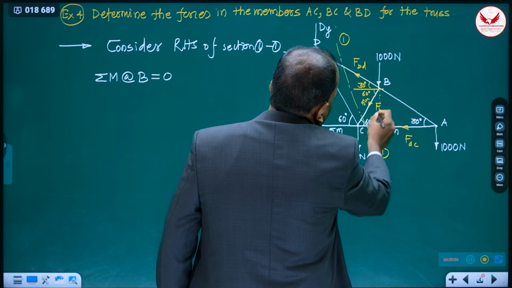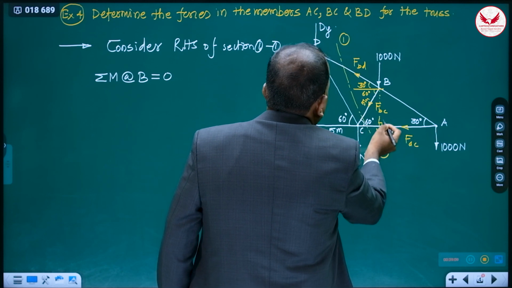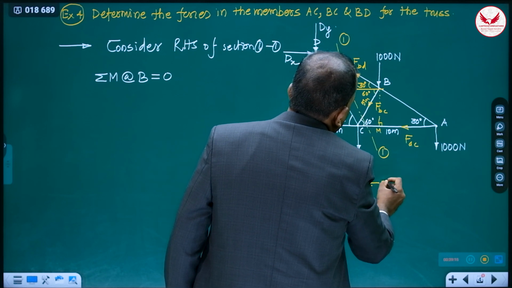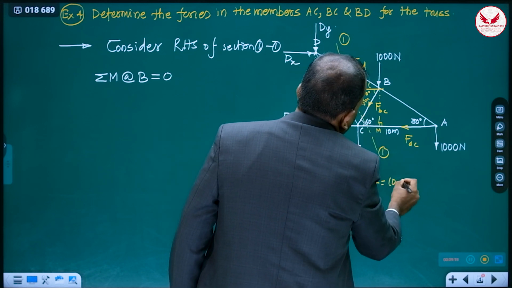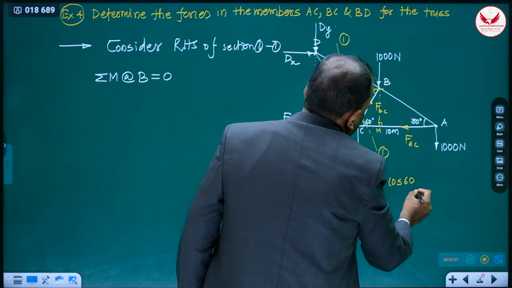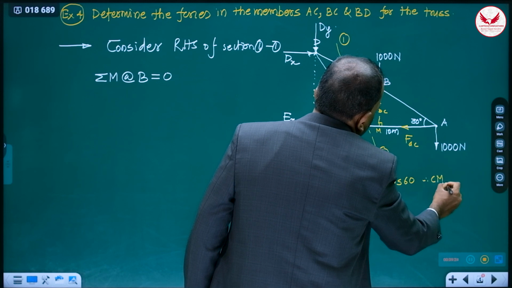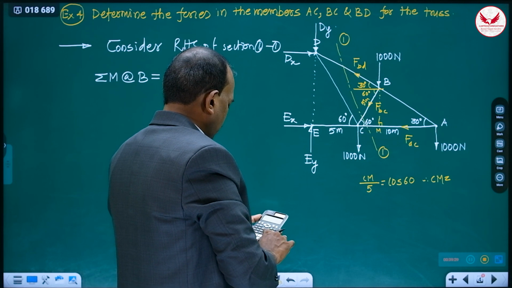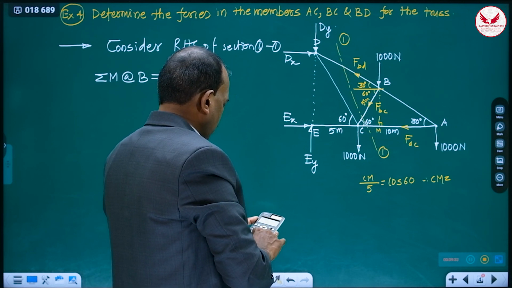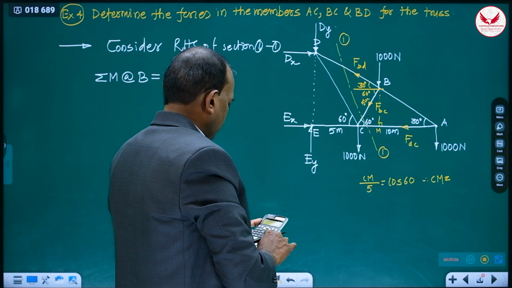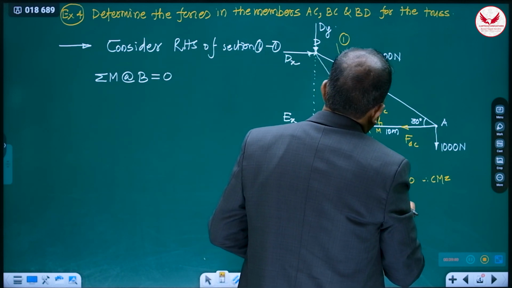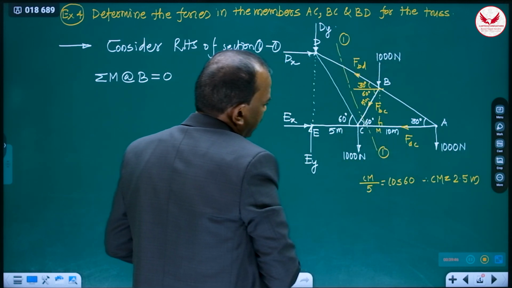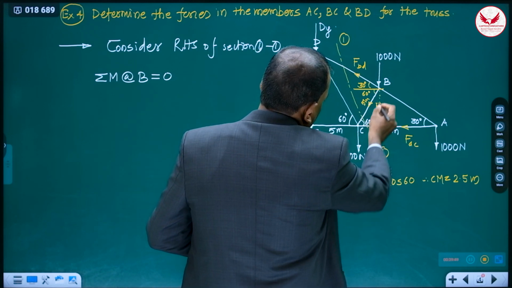In this right angle triangle BMC, CM divided by BC, which is 5, is equal to cos 60. Hence CM is going to be 5 into cos 60, which is 2.5 meter. So the remaining AM is going to be 7.5. Similarly, what is BM?